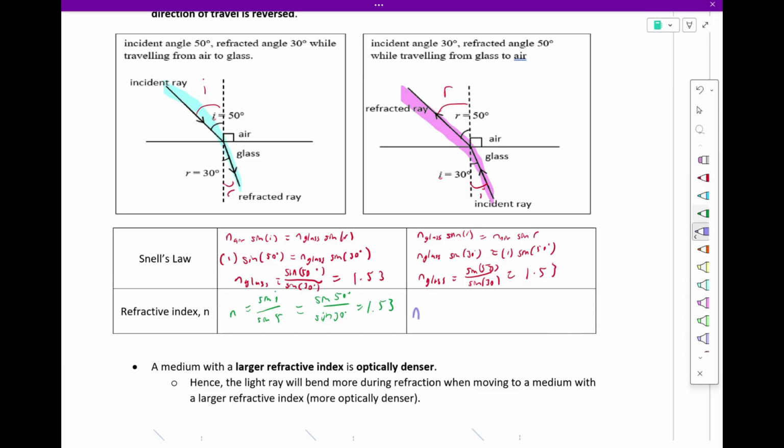Okay? Remember, whenever we use this formula, we must always use big angle over small angle. And if you ever ask, Joe, I'm not sure which one is the bigger angle, which one is the smaller angle, just remember, the one on top should always be in the optically less dense medium, typically air. So in this case, you have sine 50 degrees over sine 30 degrees. You will also get back 1.53. Just that you have to be careful of this part over here. Okay?